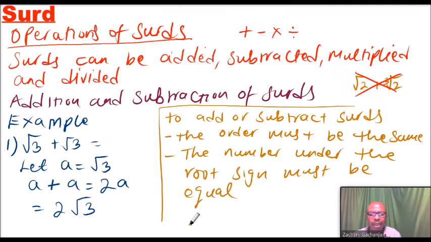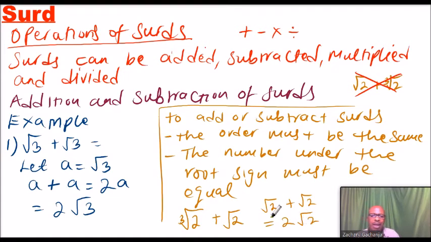If we are given the cube root of 2, a surd of order 3, and told to add the square root of 2, you cannot combine them. But if you are given root 2 plus root 2, this will give you 2 root 2.